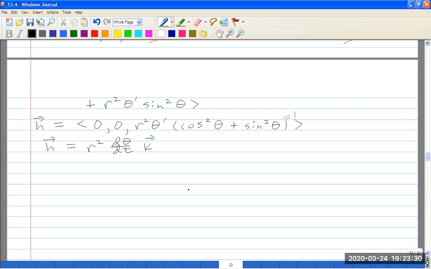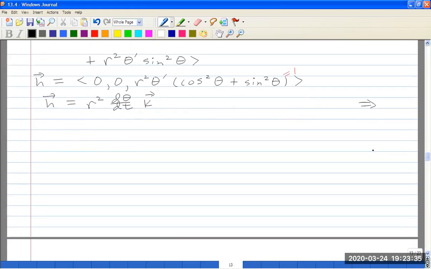And so this says that R squared d theta dt is h.